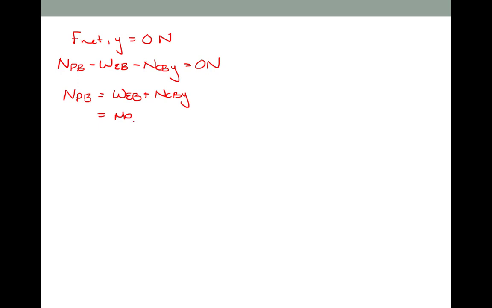So that is mg plus NCB sine of 25. The mass we were told is 45 kilograms, so I can plug that in. 9.8 meters per second squared. Sine of 25 is 0.42.